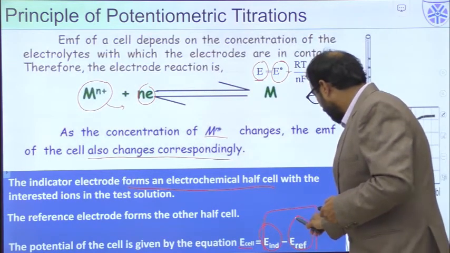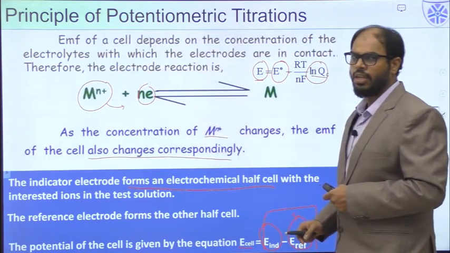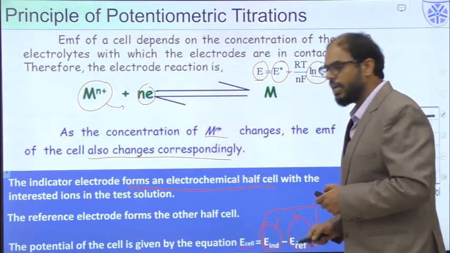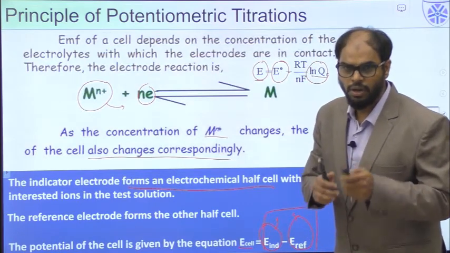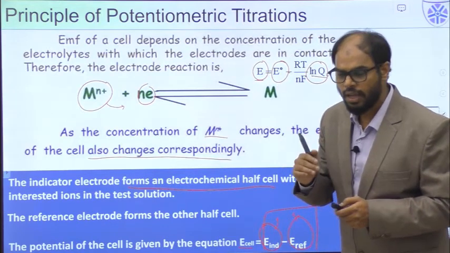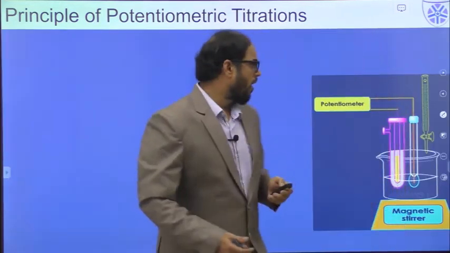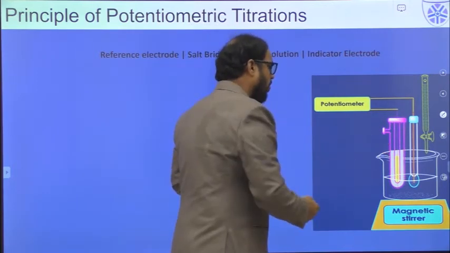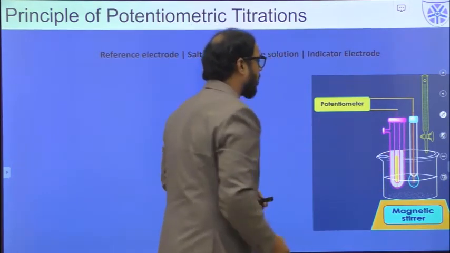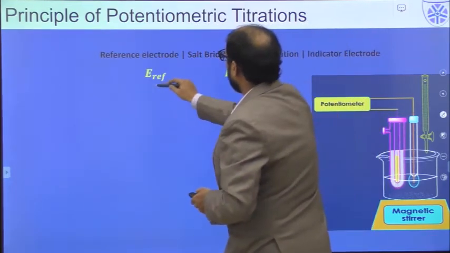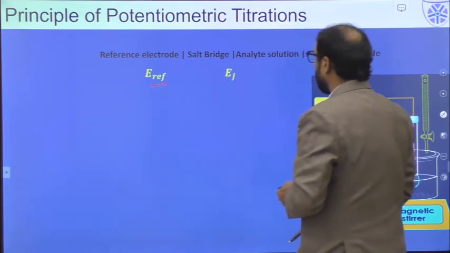The reference electrode potential does not vary, it is fixed, whereas the electrode potential of the indicator electrode, or the working electrode, keeps varying as the titrant is added drop by drop to the analyte. We should know that the potentiometer is created by a reference electrode as well as an indicator electrode. We require a reference electrode with a potential of E_ref.